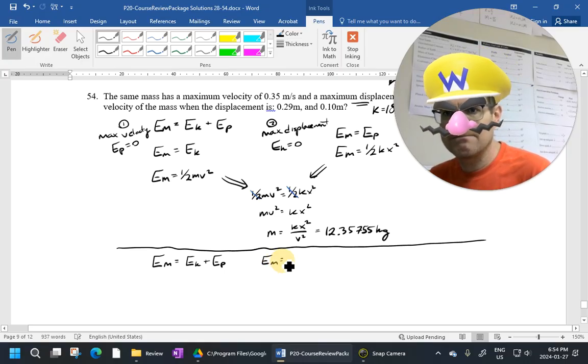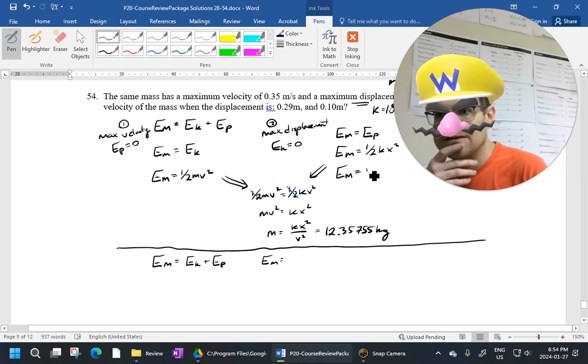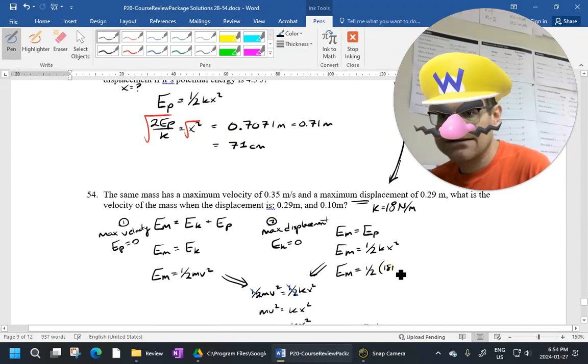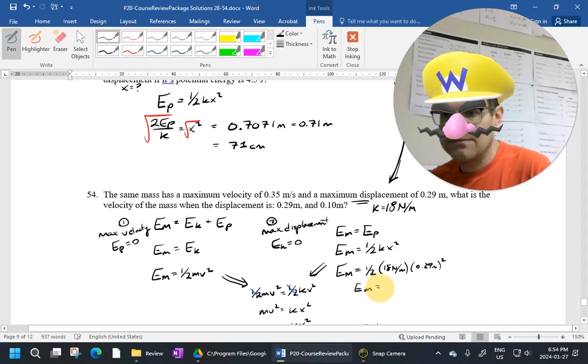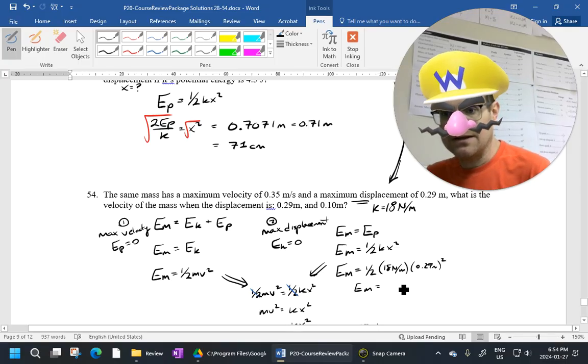So my EM, let's imagine one of these two spots, it doesn't really matter. Let's go to the kx squared one. My EM in this one, 1/2 k 0.29 meters squared. The EM of this system is going to be 1/2 times 18 times 0.29 squared is pretty small, 0.29 joules.